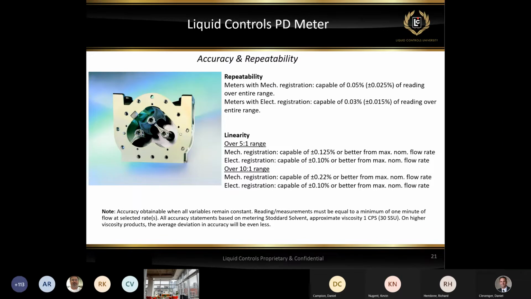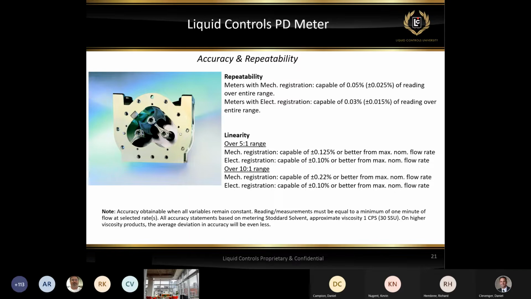And the reason for it is the meter has repeatability. The repeatability means that every time you dispense volume, it's going to have that same volume over and over again, so that it ensures that if you're dispensing a liter or a gallon, you are dispensing a liter or a gallon.